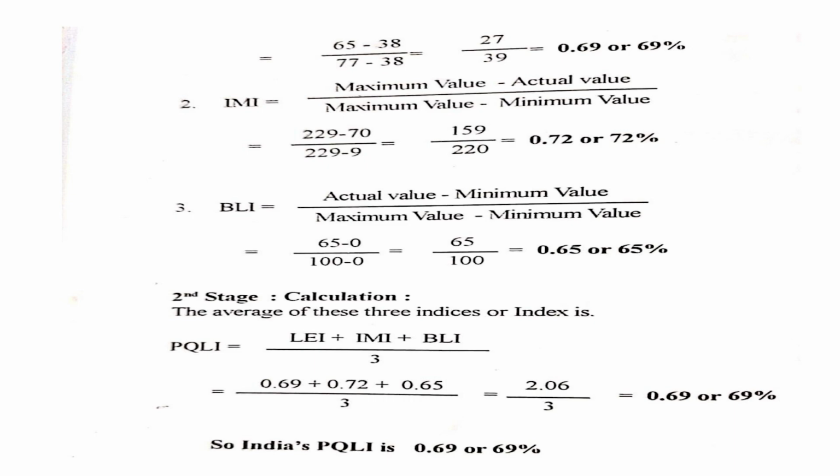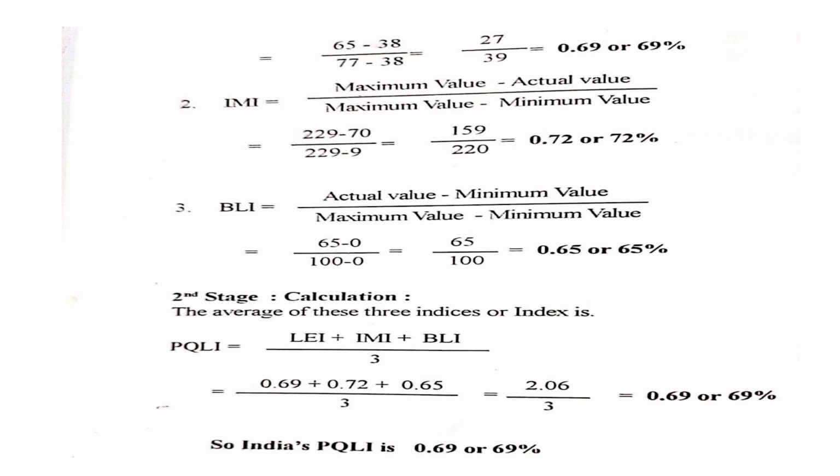The next step is calculation of PQLI. All those values have to be substituted into the formula of PQLI. Then the value comes as 0.69, therefore 69%. Therefore, India's PQLI value is 69% or 0.69.